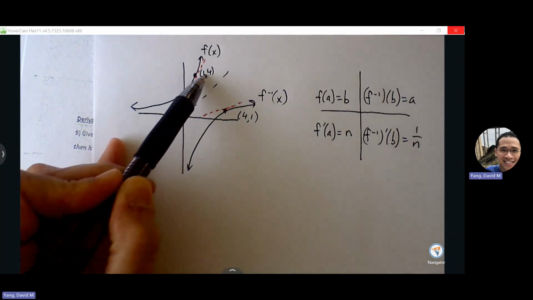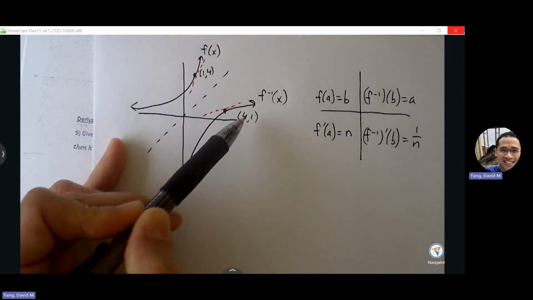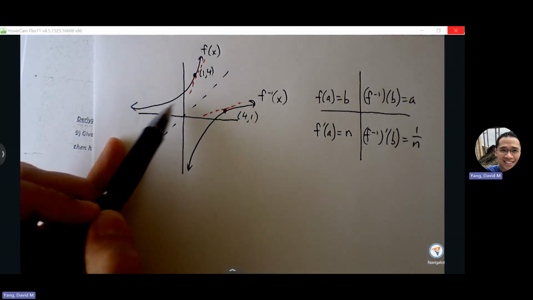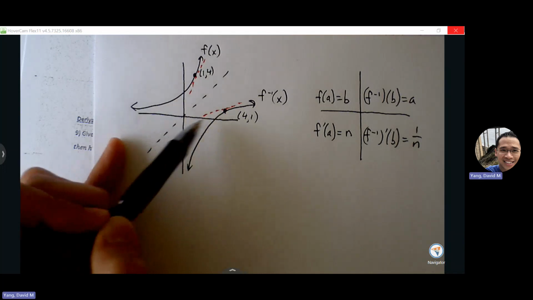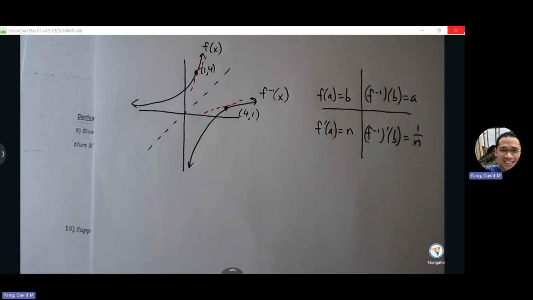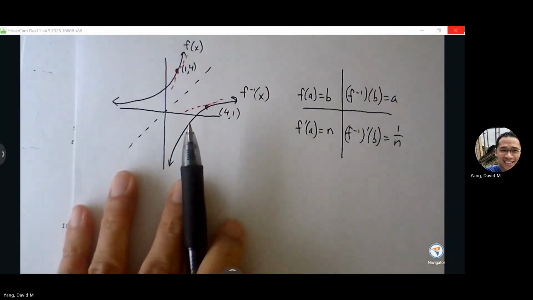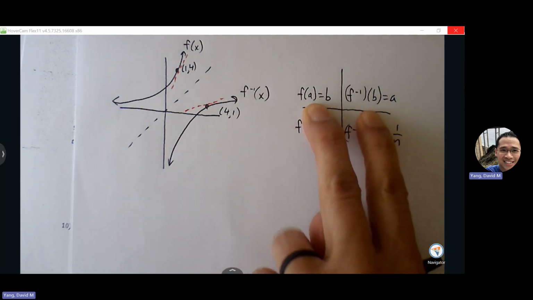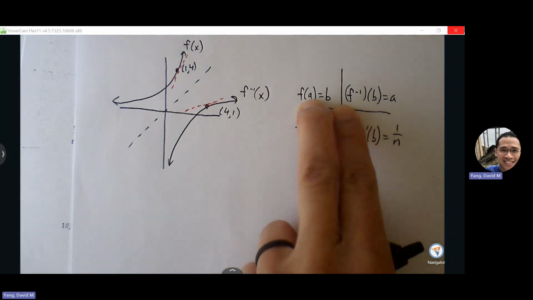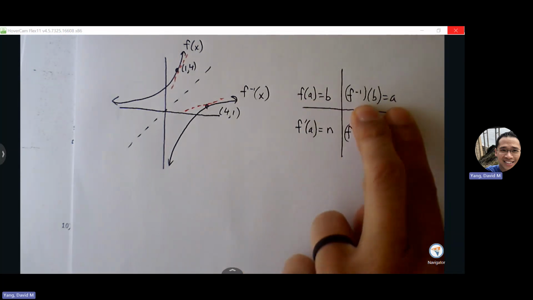So if there's an ordered pair (1, 4) that lives on the function, there must be an ordered pair (4, 1) that lives on the inverse. If there's an ordered pair (-2, 5), there's going to be a (5, -2). I call them corresponding points. That's demonstrated with these ordered pairs here. If I have an ordered pair (a, b) that lives on a function, then on the inverse, there must be an ordered pair (b, a).